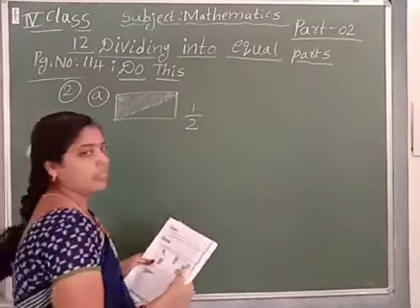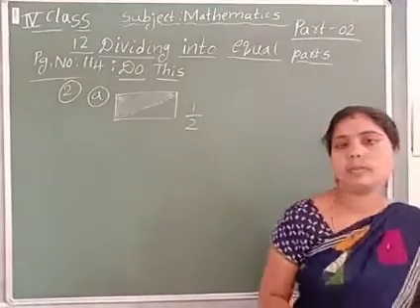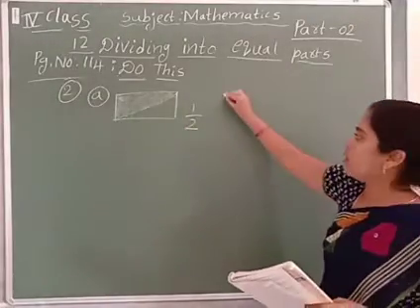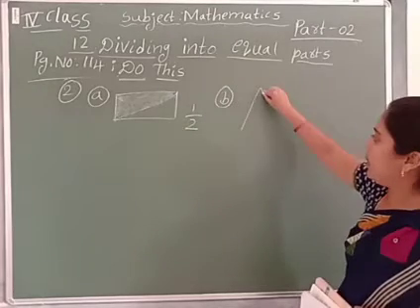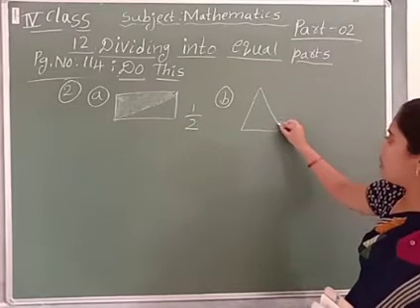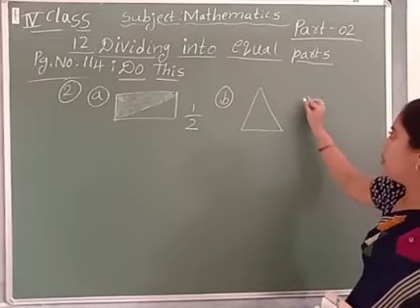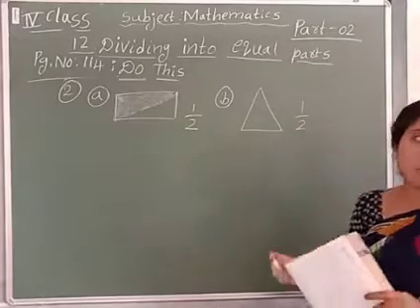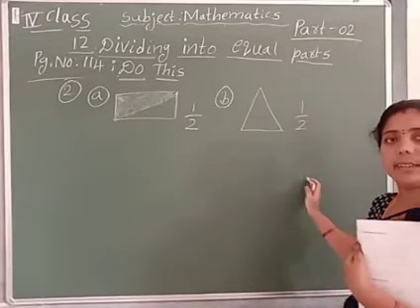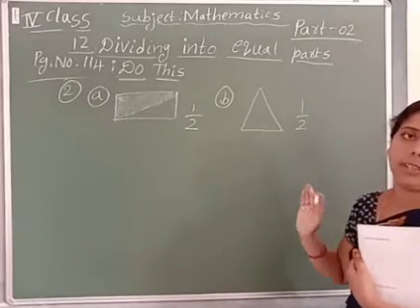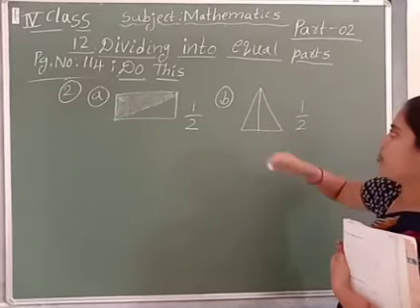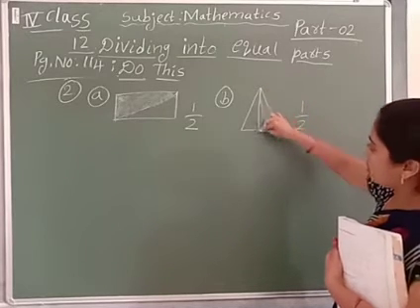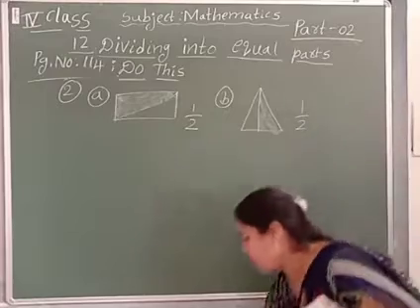Next, B1. Here a triangle shape is given. So we divide it into 2 parts and then shade 1 part. So I am dividing like this only. So 1 part will be shaded. So do it properly.